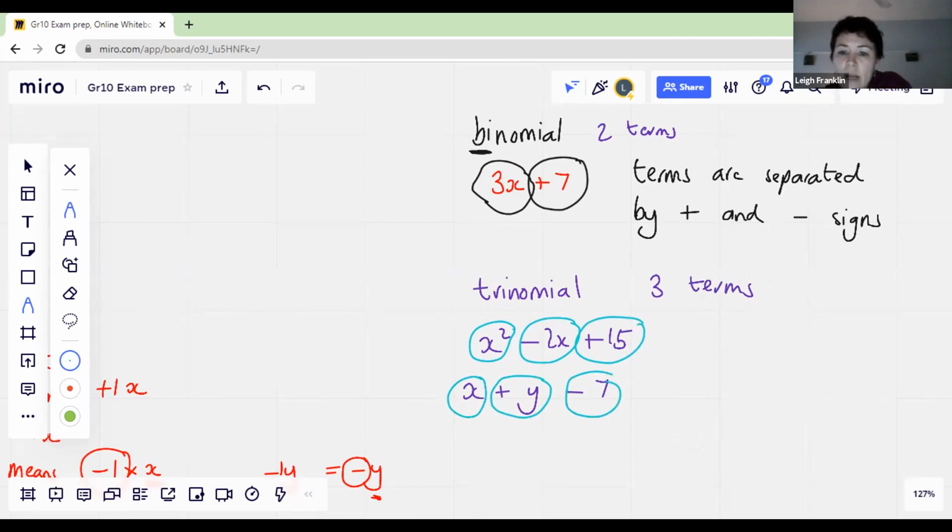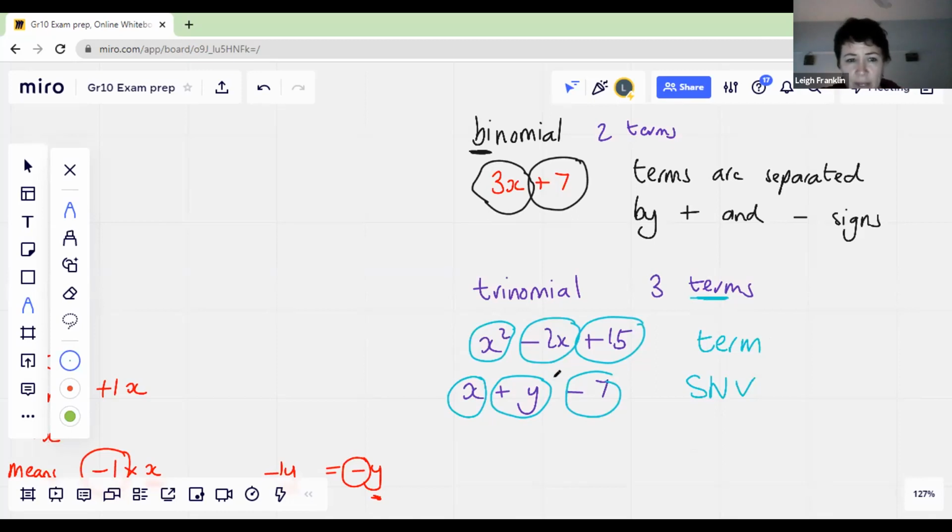When it comes to writing a term in algebra, we always write it as sign, number, variable. So if we have a look here, positive 1 x squared: sign, number, variable, stop. Next term: sign negative, number 2, variable x.